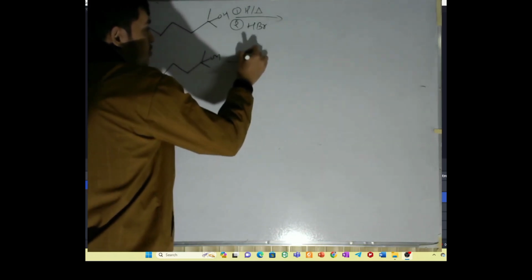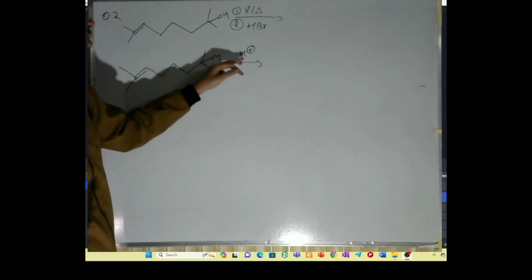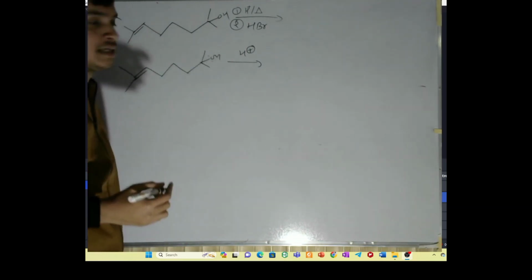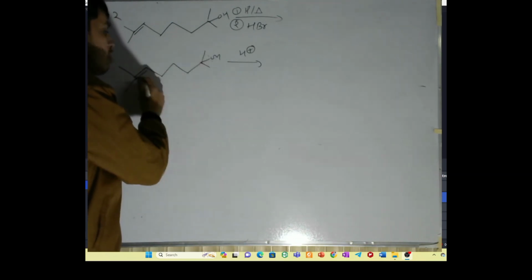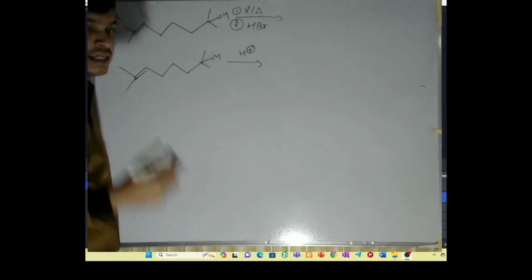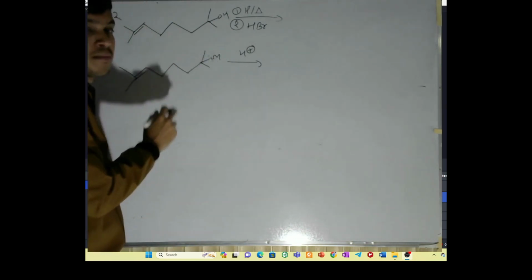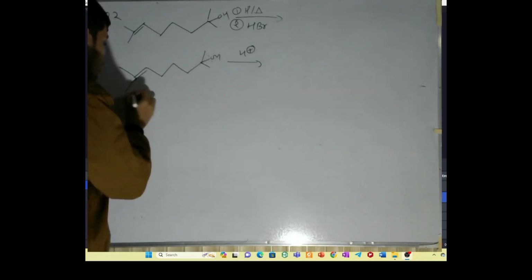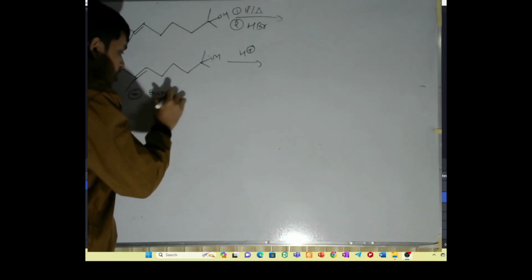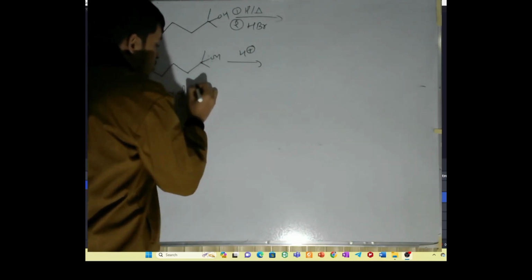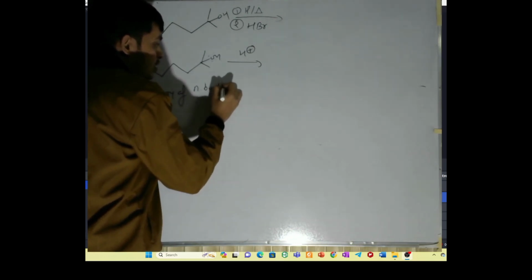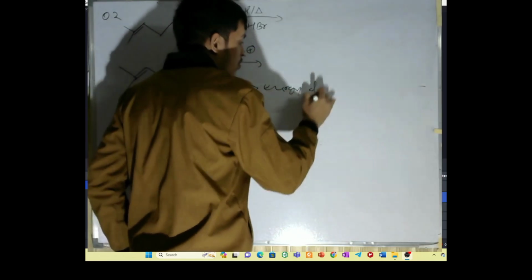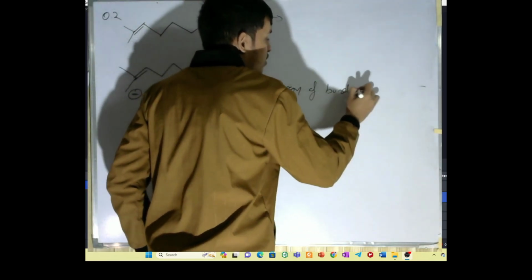So see, this H+ is an electron deficient species. So now we have 2 electron rich centers, either this center or this center. Both are electron rich centers. So both can react, but the probability of reaction of this lone pair is more as compared to this pi bond, because the energy of a non-bonding electron is more than the energy of a bonding electron.